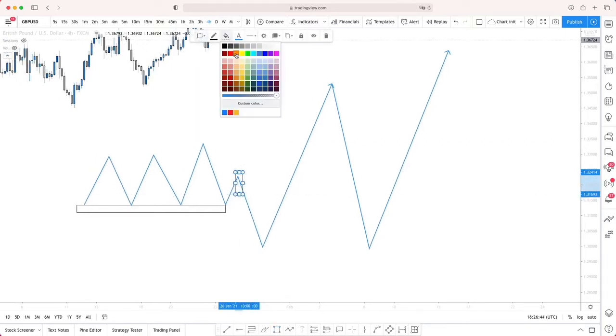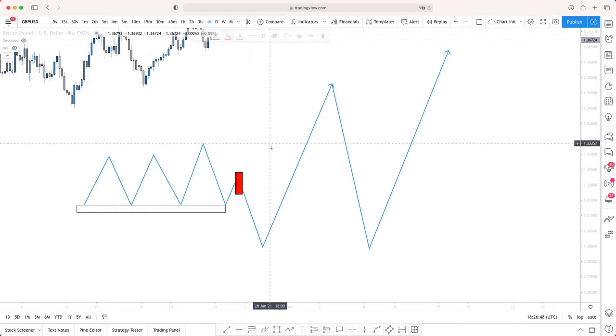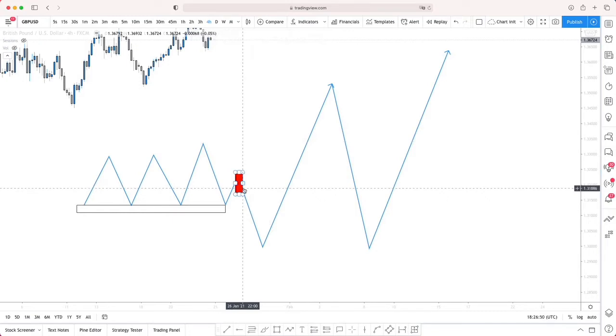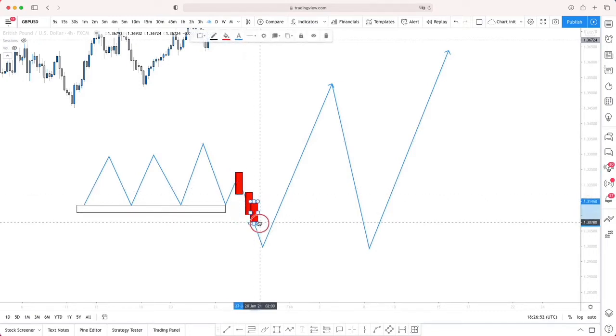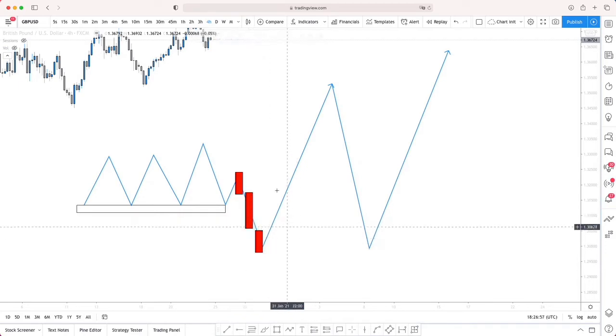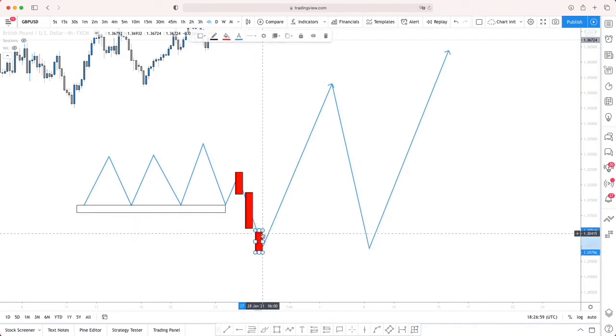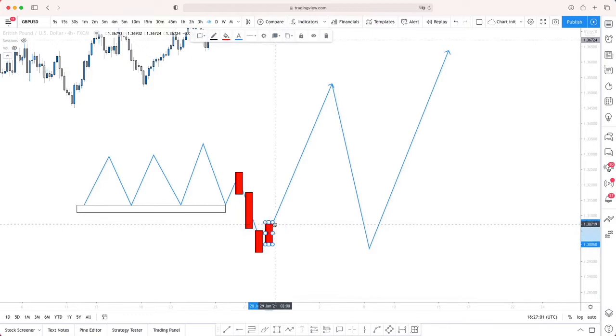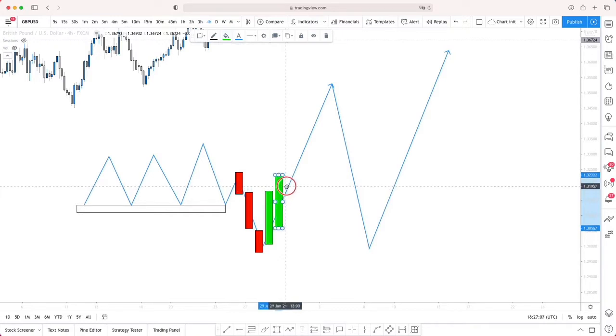If we do this, actually, let me just change the color. Oops. There we go. So price is being pushed down, right? And then what happens is, let me use a green candle. Okay, so green is my bullish candle in this situation.